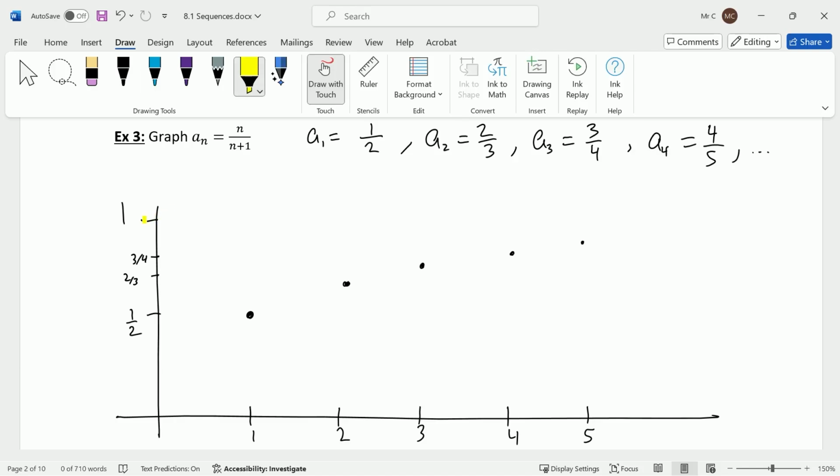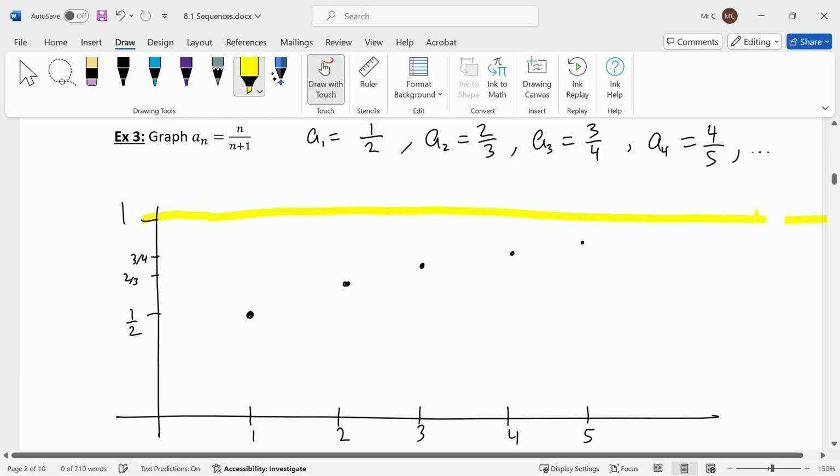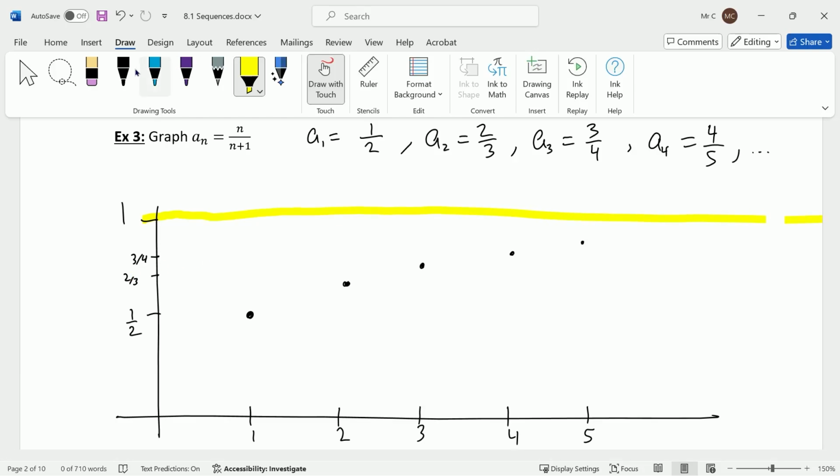And what I want to notice here is that the sequence has a bunch of terms that are going to get arbitrarily closer to 1 for their output values, but they're never quite going to reach it because, of course, this numerator here, n, is smaller than n plus 1. So the fraction's never going to be 1, but these values are getting arbitrarily close to 1.